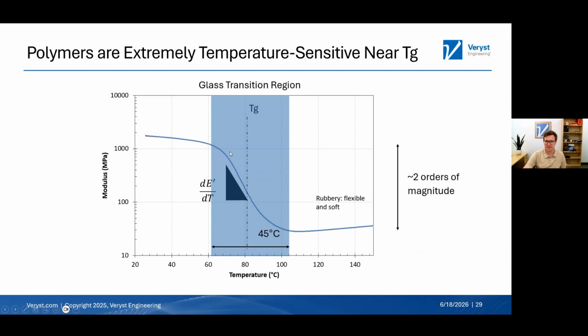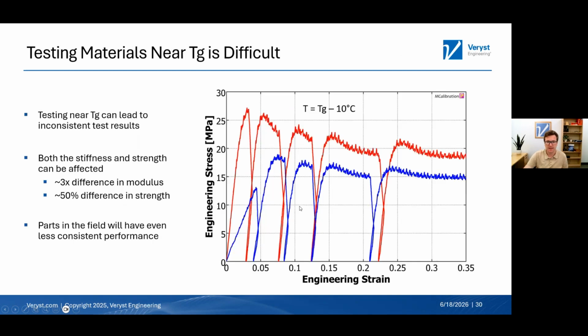You see this drops about 2 orders of magnitude in this window, meaning that if we have a sample of this material and want to measure its mechanical properties, it's going to be very sensitive to fluctuations in temperature. Even a few degrees higher or lower will lead to factors, multipliers, on the modulus, not just small deviations. And this is an actual example of a test that we ran.